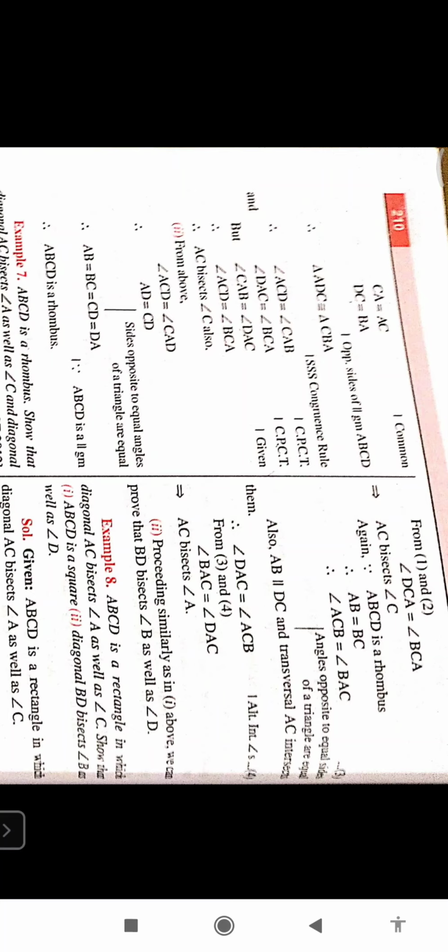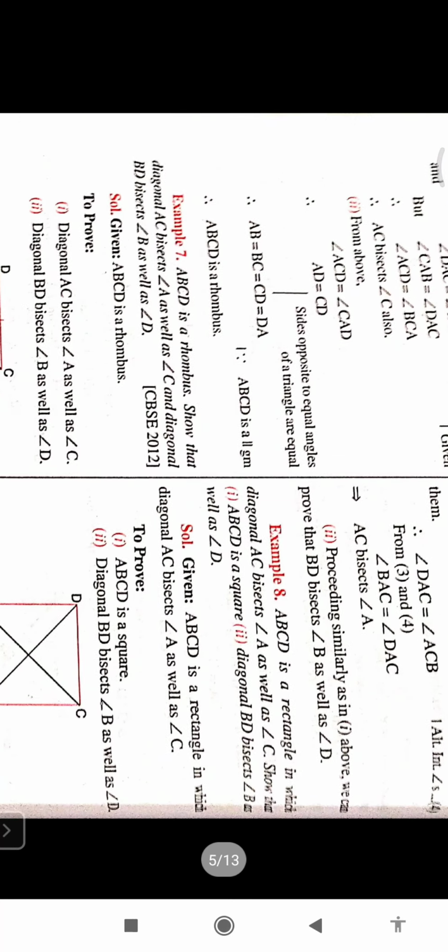It is given that ABCD is a parallelogram, but what we have proved now is AB equal to BC, BC equal to CD, CD equal to AD. Now we know that if all four sides of a parallelogram are equal, then it is a rhombus. Therefore, we can say that quadrilateral ABCD is a rhombus. In this way, we can prove this result.